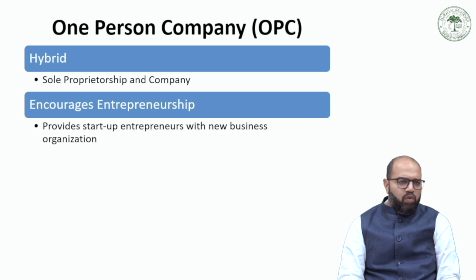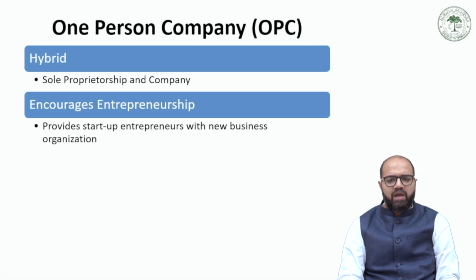But in an OPC, the one person who is the member of the company has a very vast control over the company in which he is the shareholder, just like a sole proprietor. So incorporation of an OPC by an entrepreneur represents a personal commitment to the business, which is a sole idea of the person and close to his heart.